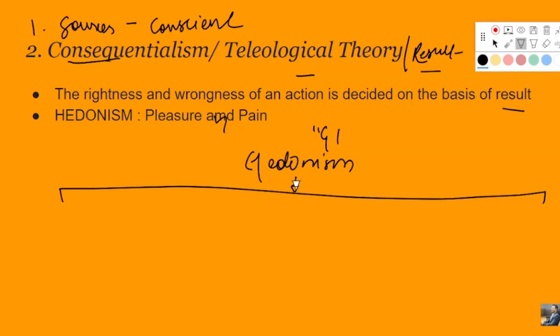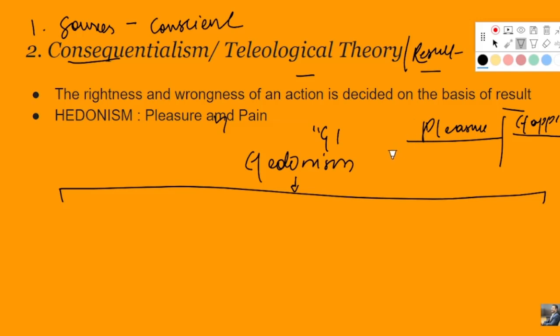Something negative comes to our mind. But there is always a difference between pleasure and happiness, right? And this is how we are also differentiating. In this consequentialism determinant, we will always be taking into consideration the happiness and not the pleasure, right? Why not pleasure?